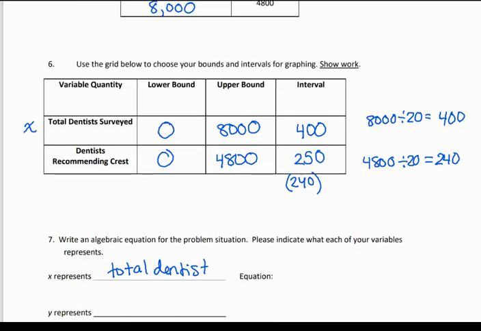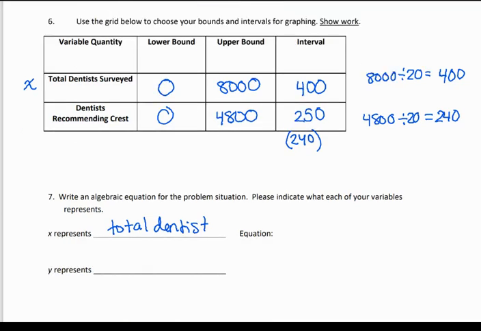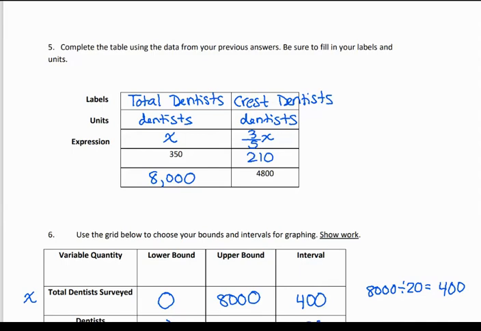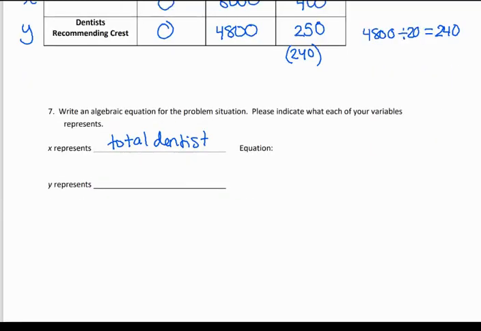What will my Y value then be? Dentists I recommend Crest. Exactly. It's the second row in number 6 and the second column on number 5. So dentists recommending Crest, or you could say Crest dentists, whichever one there.